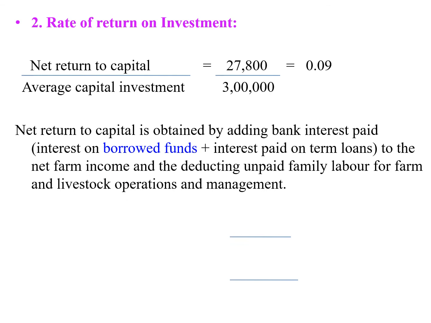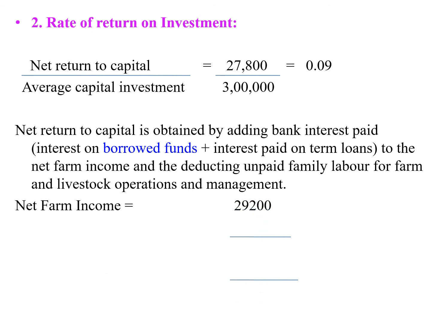Net return to capital is obtained by adding the bank interest paid, that is interest on borrowed funds plus interest paid on term loans, to the net farm income, and then deducting unpaid family labor from the farm and livestock operation and management.